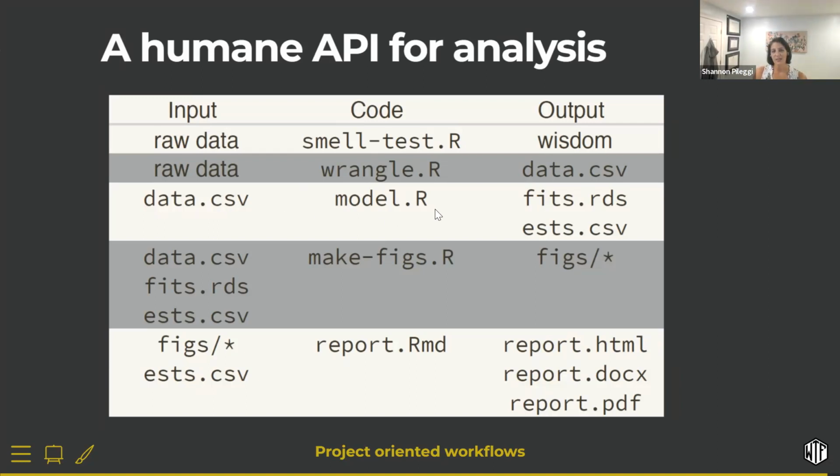And as a result of running model.R, now you're going to get some model fits and some coefficient estimates. And then those now become inputs into your next step where you're making some figures, which go into your figs output. And all of this might get wrapped up into some larger report that you're generating, and you're getting some sort of report output as well. So things line up between your input, your code, and your output, and they build sequentially on top of each other.